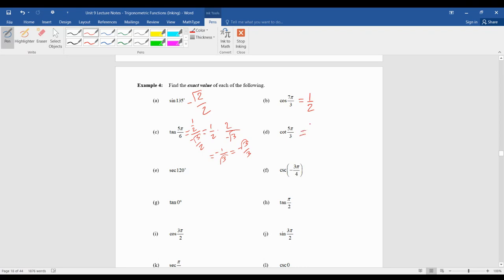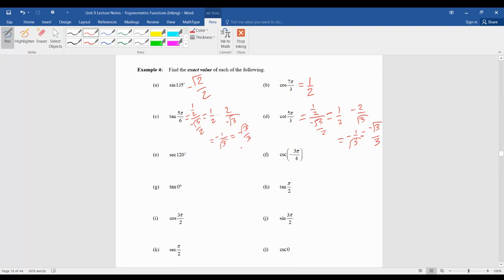You multiply by the reciprocal, so 1/2 times negative 2 over root 3, which is going to be negative 1 over root 3. You rationalize, negative root 3 over 3.